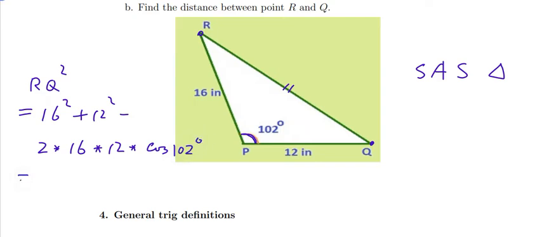So we can find RQ squared, then take the square root, and we can easily find RQ.